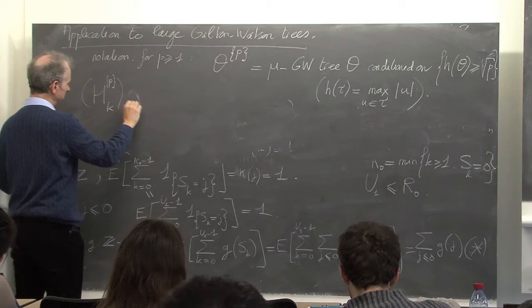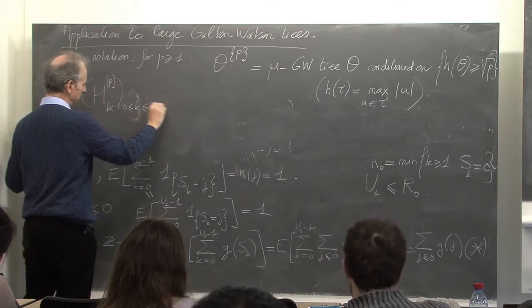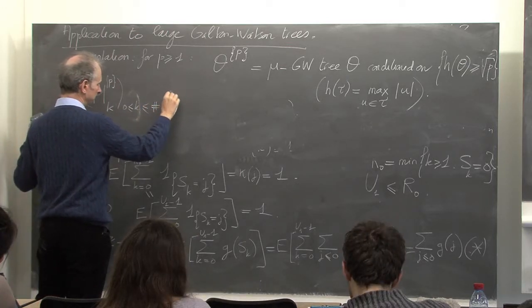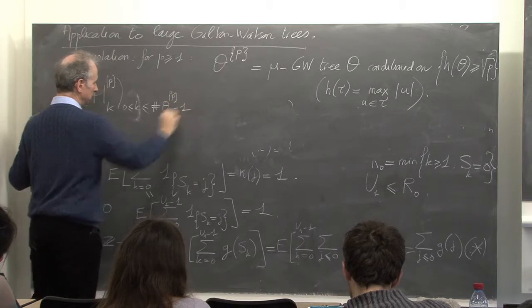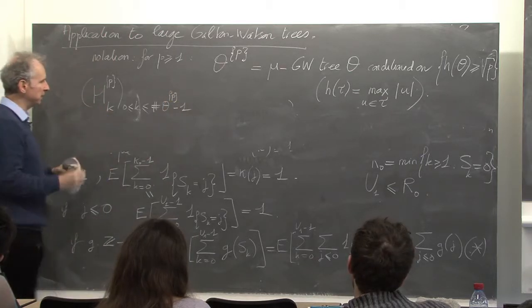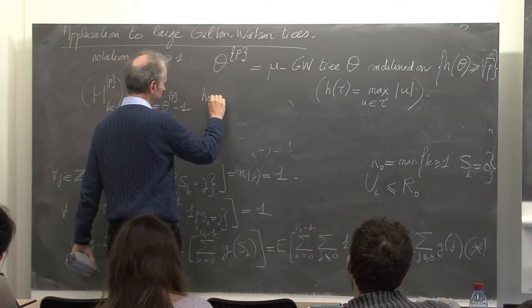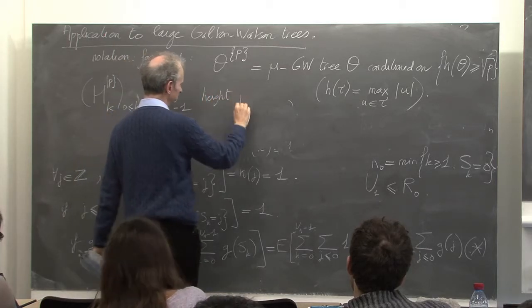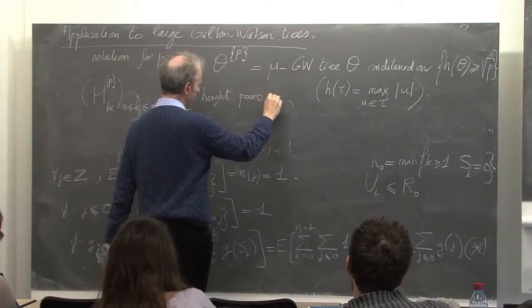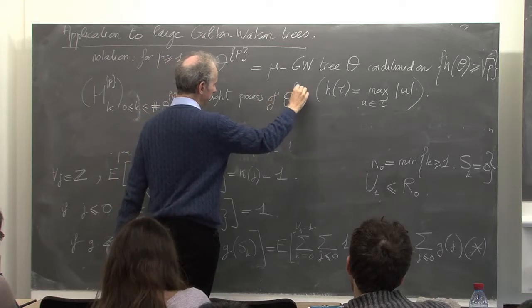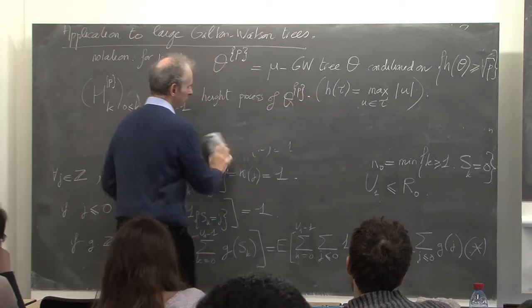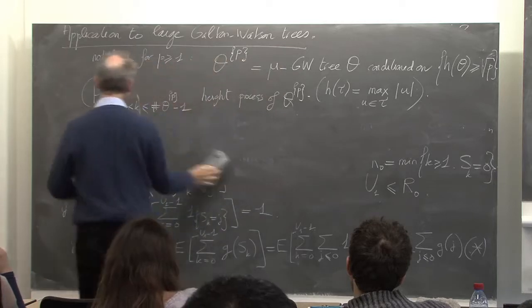H brace p of k, for k between 0 and the number of vertices of theta p, this is what I defined the last time. This is the height process or function of theta p, so it's a way of coding the tree.